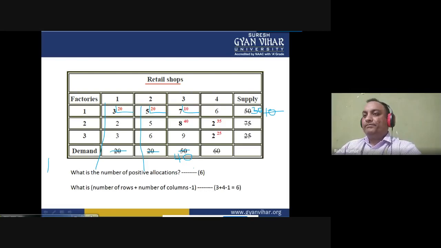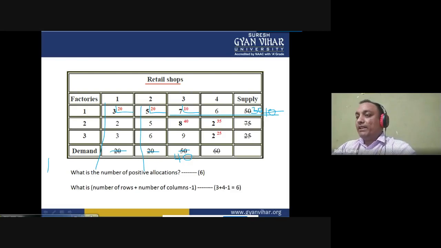Then move to the next upper corner element, the left-hand side upper corner element. This is 10 and 10, which cancel out, so neglect this row. Then move to this 8. Here is 75 and here is 40.